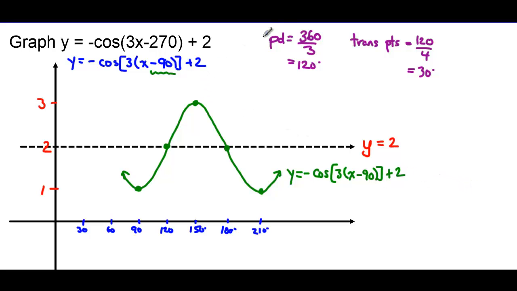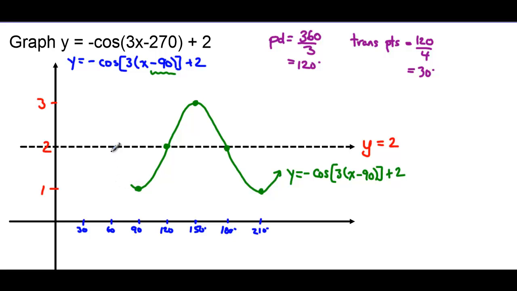Now one interesting thing of note. Remembering that these curves continue on forever, let's just say we continued this curve back to the y-axis. So I didn't end the curve here, but I just kept doing transition points. Every 30 degrees we're going to write a new transition point following the pattern, but now we're just going to work the pattern backwards.